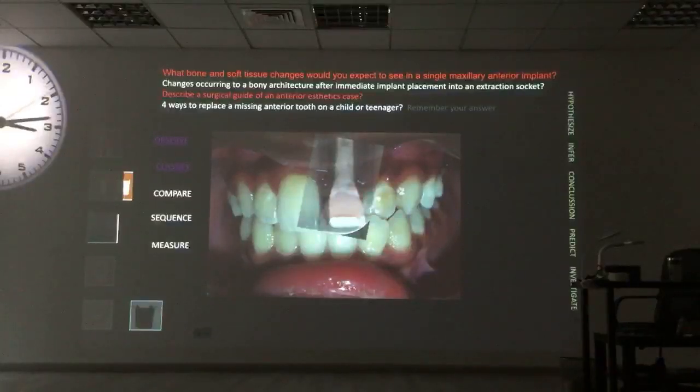Yeah, that is a platform switch. But with a 3.2 millimeter implant, I will not be getting a platform switch, because what is a platform switch? The diameter of the abutment is smaller than the implant. Already this implant is considered the smallest. For a central incisor, 3.2 is the minimum you can do.